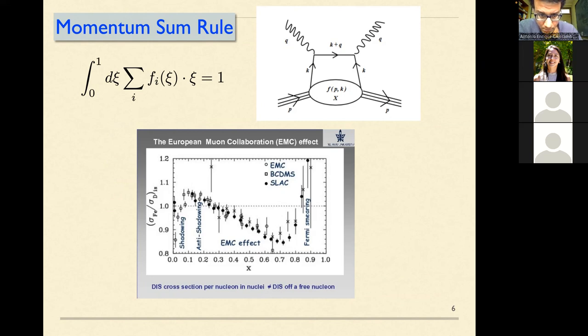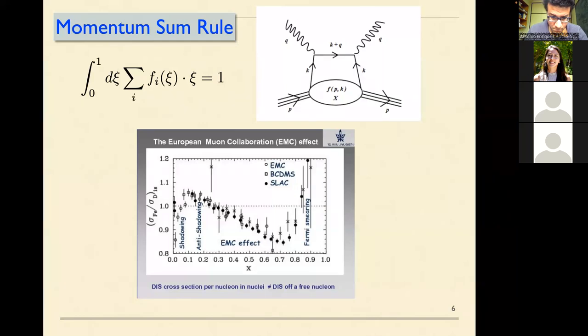If you look at the graph here, this is the famous EMC effect, in which they plot the cross section for, for example, iron divided by deuterium. Then you can see that if you integrate this, it looks like the momentum sum rule could be valid.